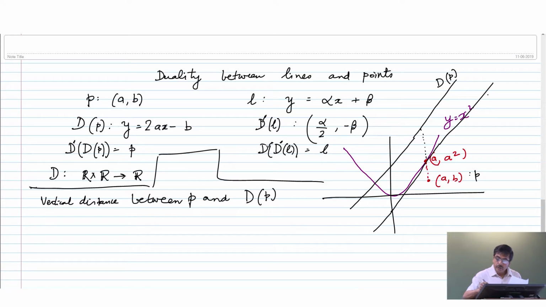It's y equal to 2ax minus a square, right? So the distance from the point to the projection on the parabola, okay. So this distance is a square minus b.